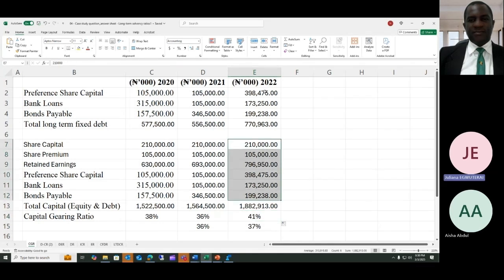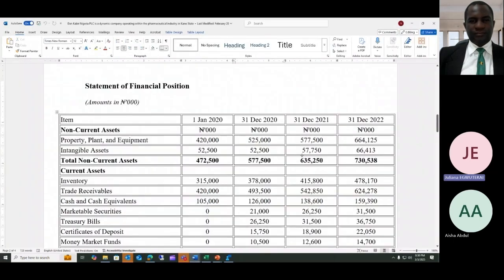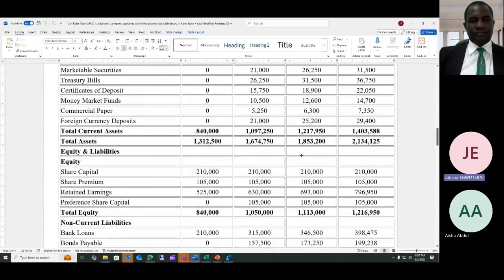What's your total share capital? 39,854,719. Hope I picked the right figures. Share is 105. Oh, you picked 39.